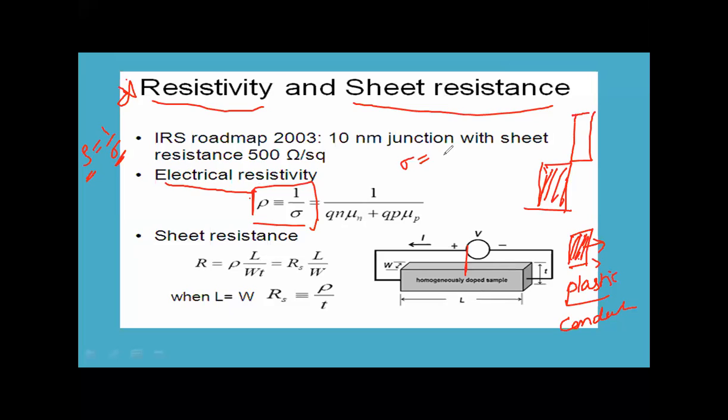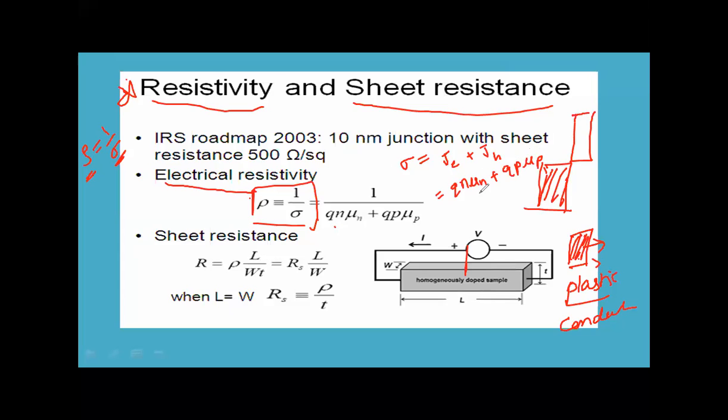It comes from the current density, J electrons plus J holes. When you include the number density and the mobility, you get q n mu n plus q p mu p.